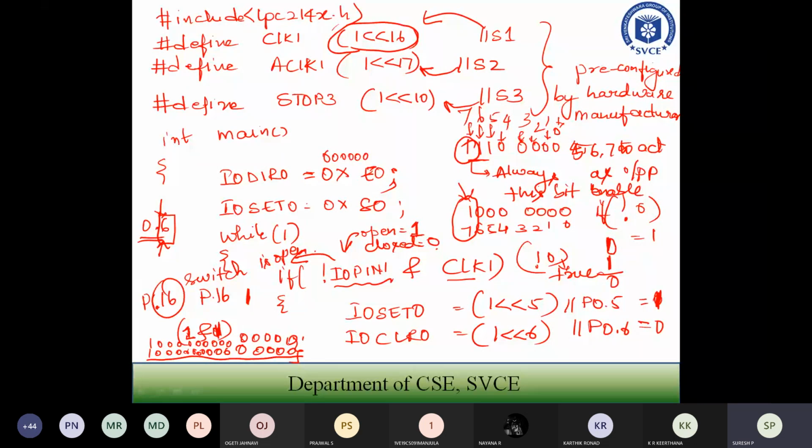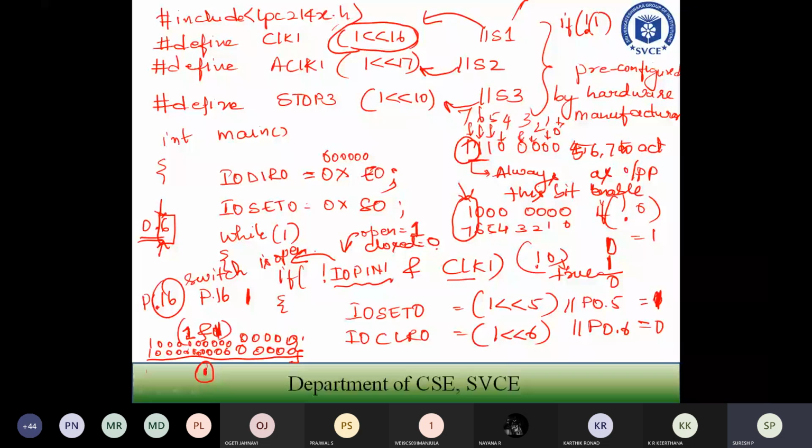So when it is open, what value are you going to get? If you make the AND operation, this particular bit will be 1 only. Now, if not 1, can you tell what that means? 1 represents true.